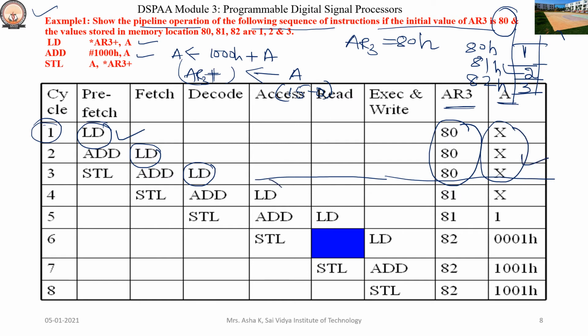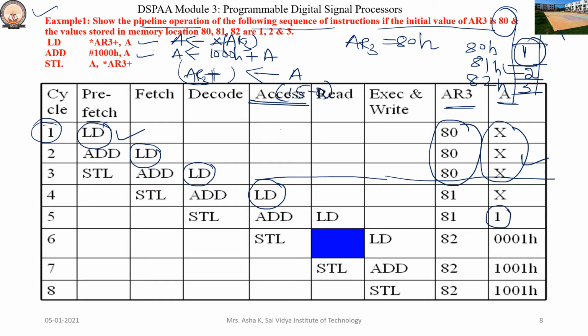When the load instruction enters the access phase, what happens? After execution of this, the accumulator is loaded with the content of the memory location pointed to by AR3. The content that I am having here is 1, hence that is loaded here.